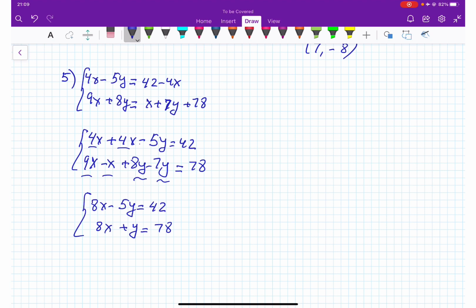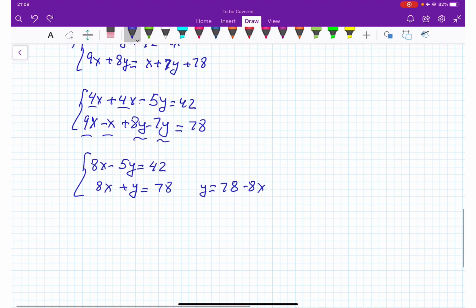So from here we find y from the second one. Y will be equal to 78 minus 8x. This 8x moved here and became negative. All right, we have y to plug into the first equation. I picked the variable from the second equation because in the second equation I have a variable without a coefficient.